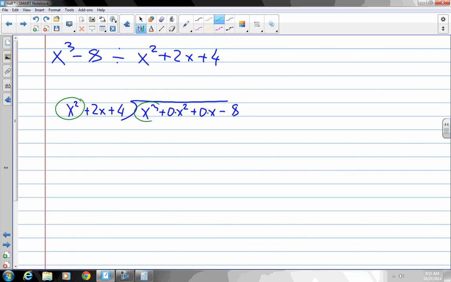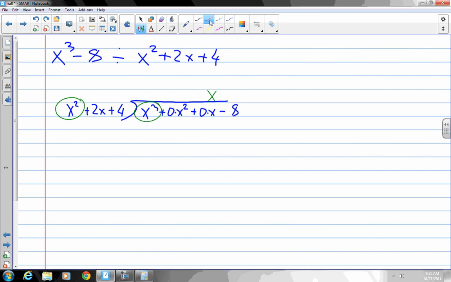Take the first two terms and divide one by the other. So x cubed divided by x squared. What does that give you? x. So we're just going to put x where the x's are. That's one of the usefulness of having 0x in there. It lines up your variables properly.